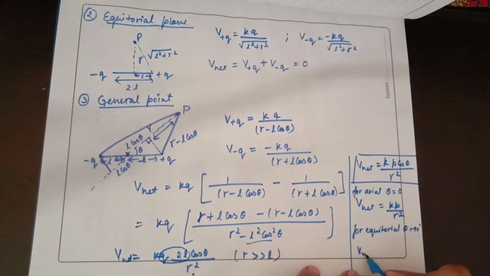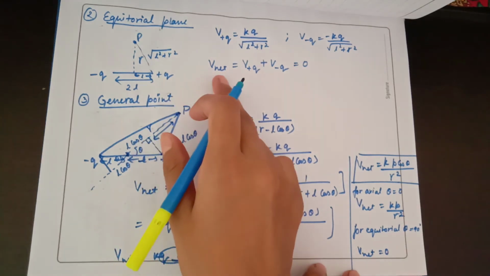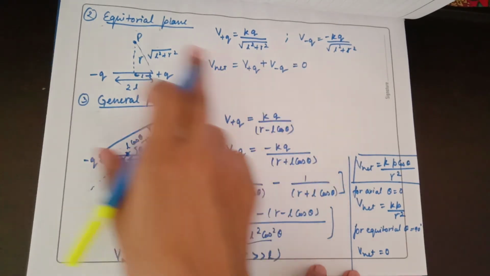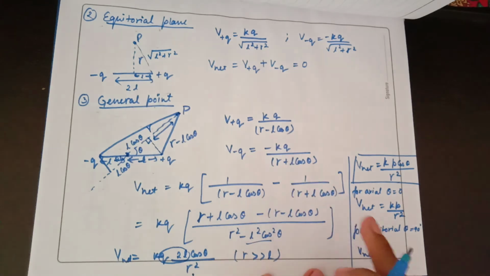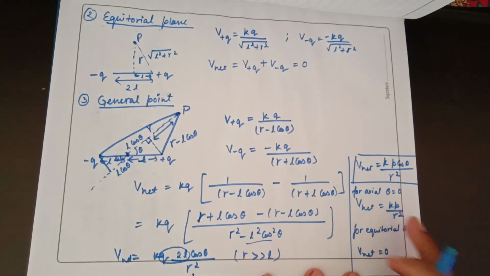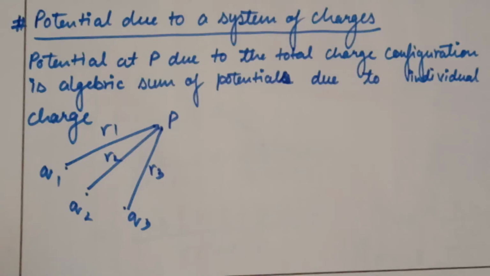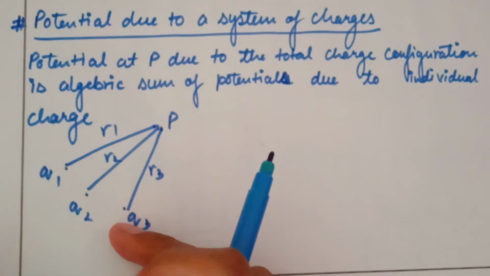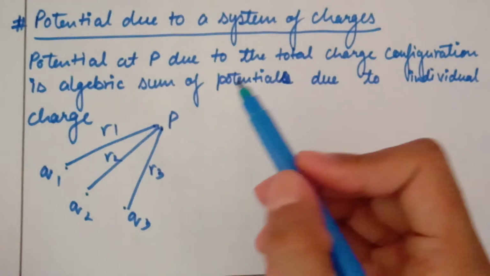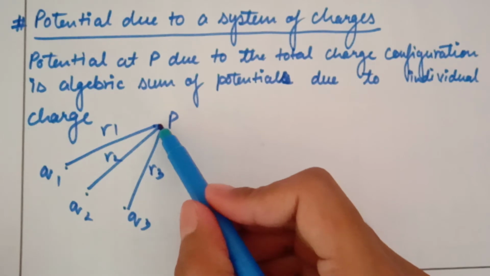So V net will become 0, and you have already calculated it. V net is equal to 0 for the equatorial plane, and V net is equal to kp upon r square for the axial point.